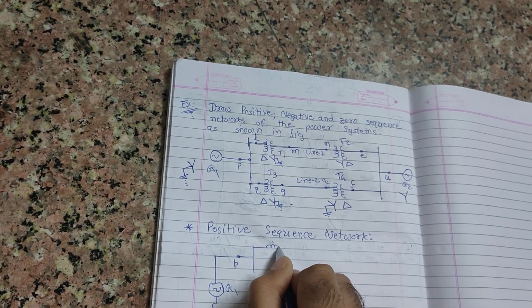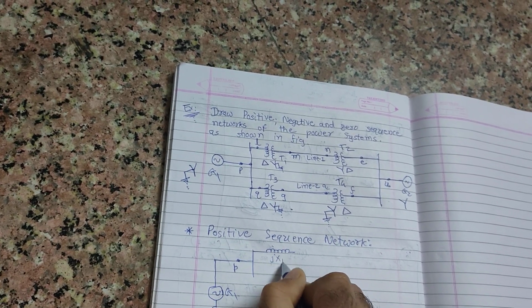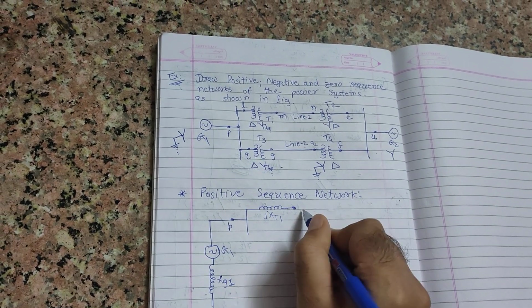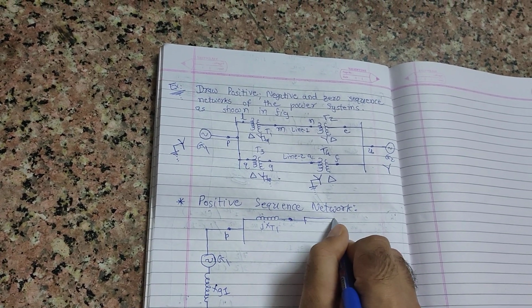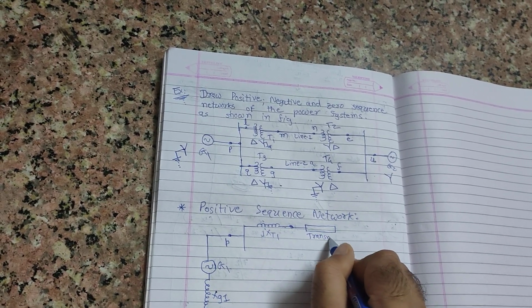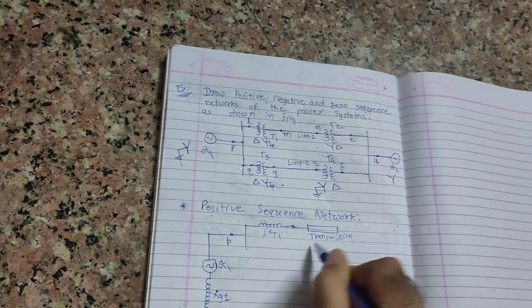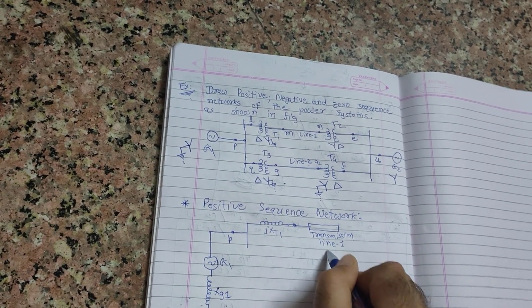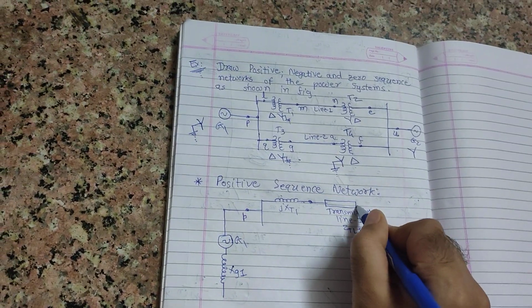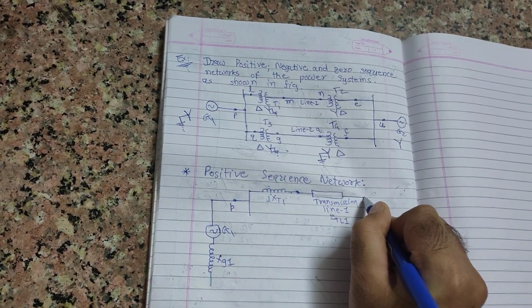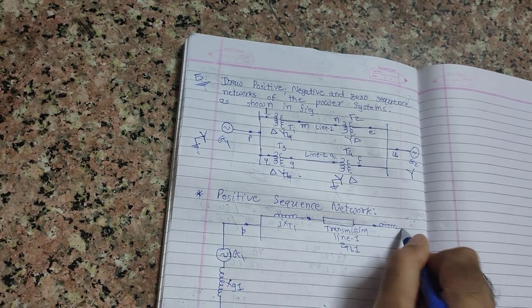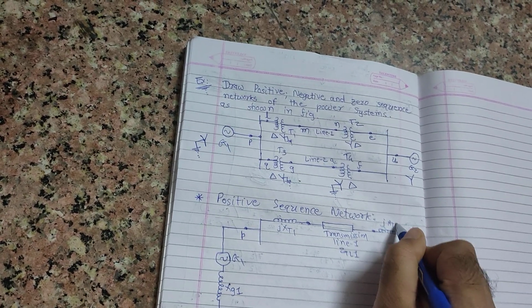First JXT1, then transmission line 1, ZTL1, and then once again another transformer, T2, whose reactance is also considered, JXT2.